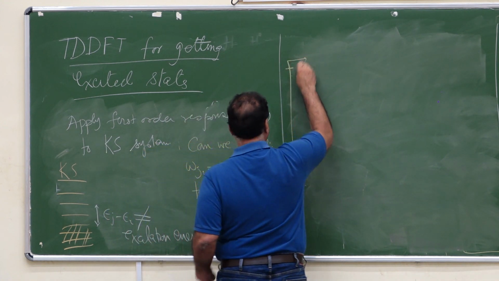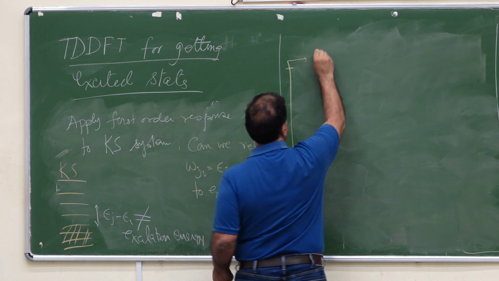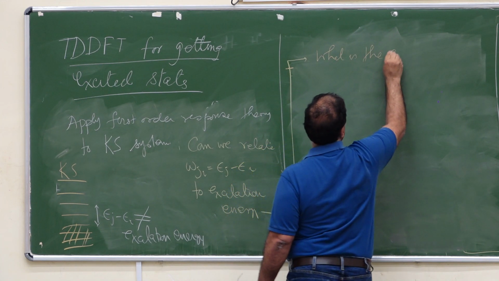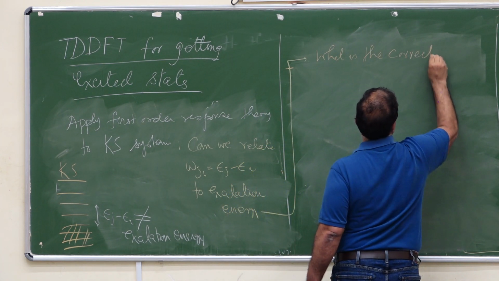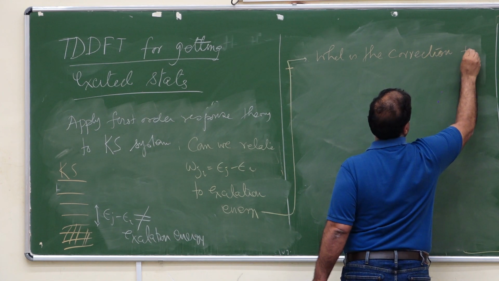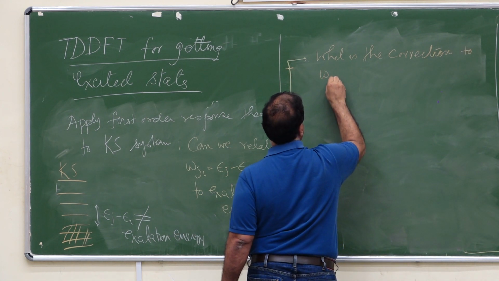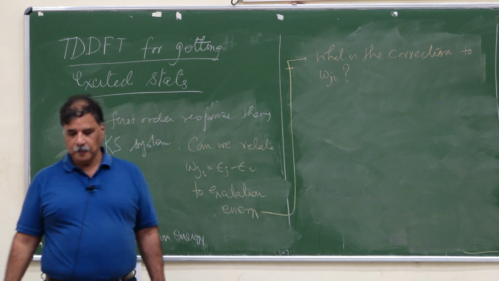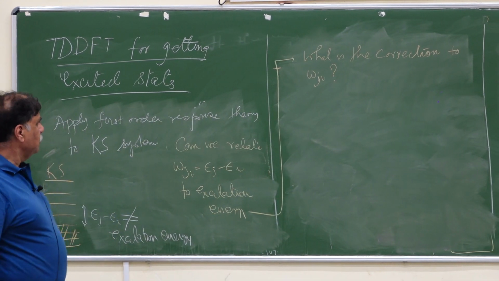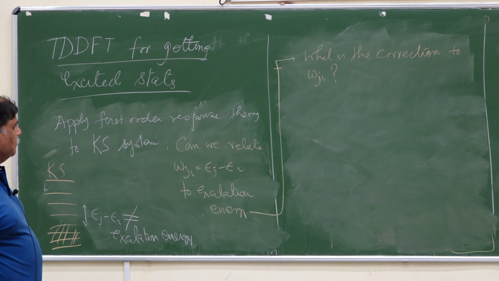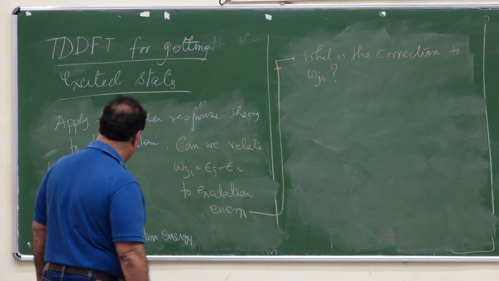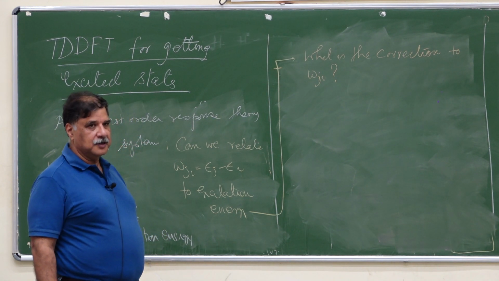And the related question is, what is the correction to omega j i? So this is where the theory by Petersilka, Gossmann and Gross comes in, the theory by Mark Casida comes in.